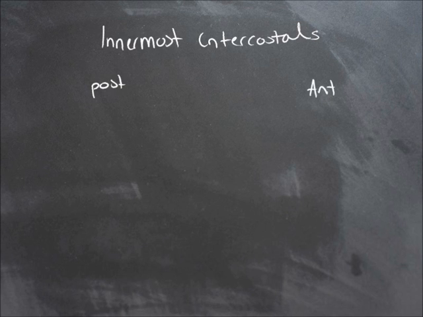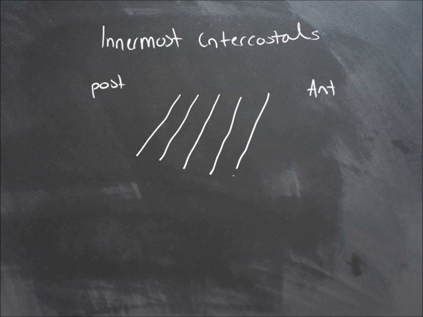Finally, we have the innermost intercostal muscles. And these also have a hip pocket orientation. So the fibers are going from anterior to posterior, which means that these also help with expiration.